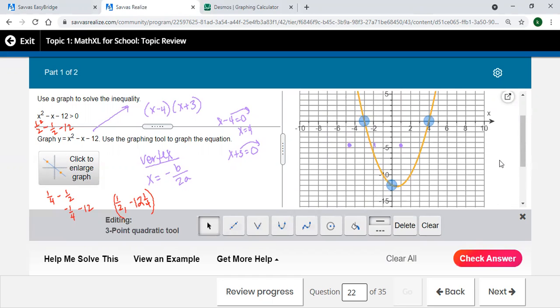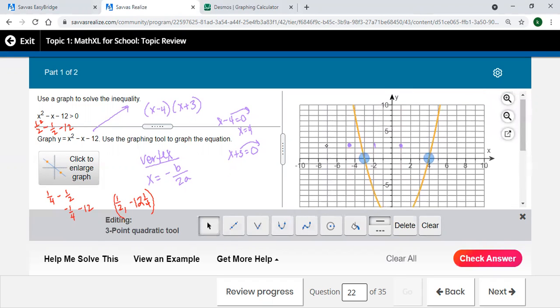So now what we're being asked to do after that is, where is the parabola greater than 0? That would be the arms, is how I would describe it up here. So if you look at this and this, that's where they're above the x-axis, or the y's in these cases are greater than 0, or positive.